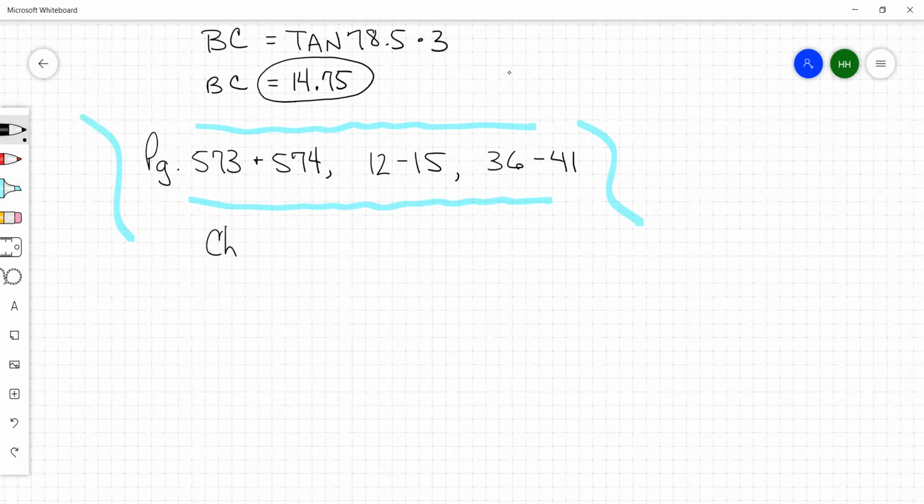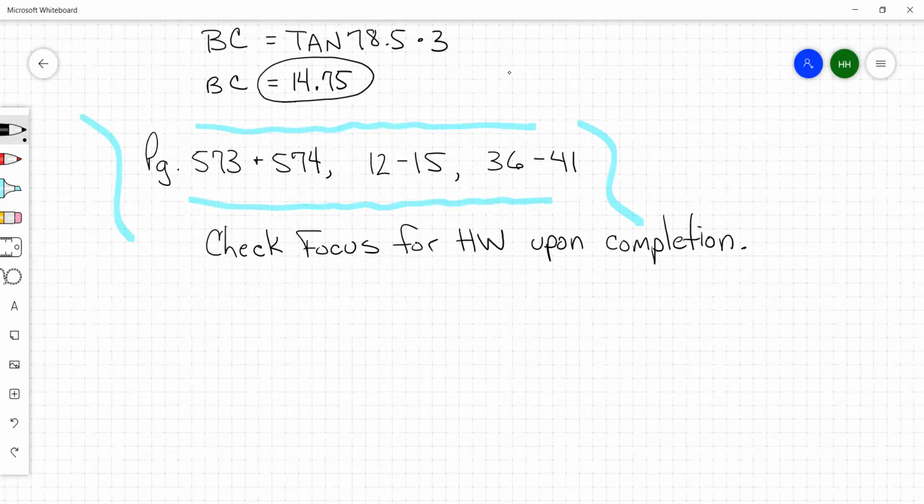Be sure that you check Focus for homework upon completion. If e-learners don't have any questions, if I don't hear from you here real quick, I'm going to end this Zoom meeting.